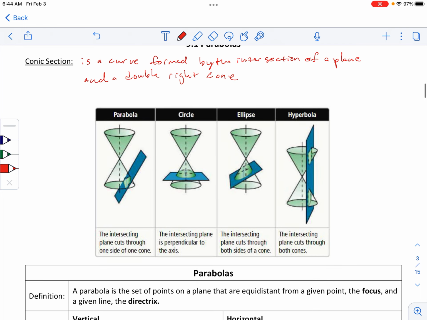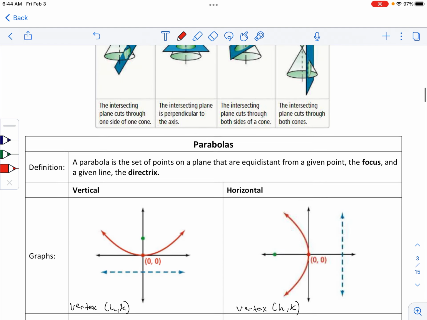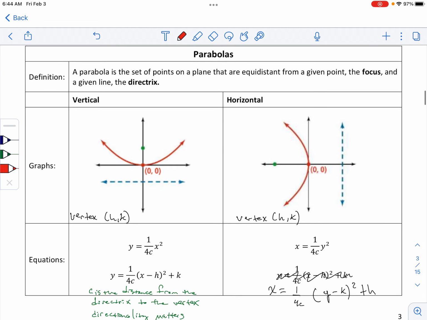Okay, so what we're going to look at is this idea of what it means to be a parabola. Well, to be a parabola, we have a focus point. If you're looking at this picture here, you have the green focus point, and then you have this blue line, which is your directrix.